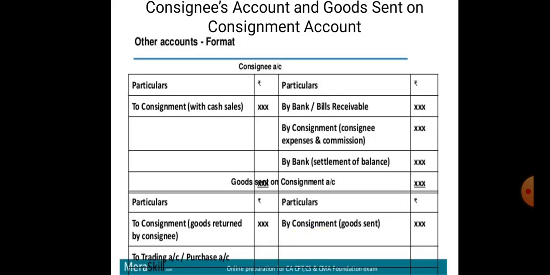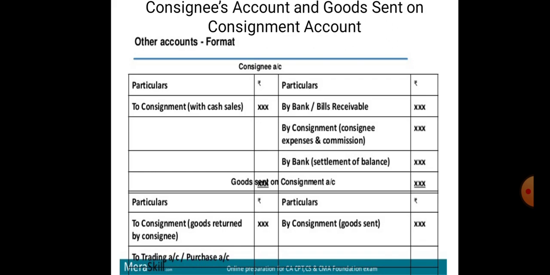Now coming to the consignee's account, how to prepare it. We will go through the format of the consignee's account. On the debit side, you have to post the sales proceeds.